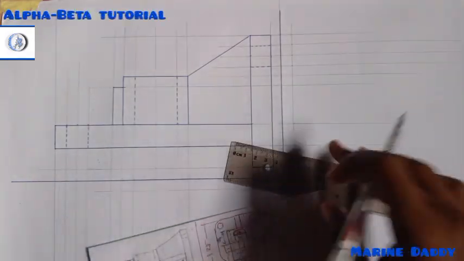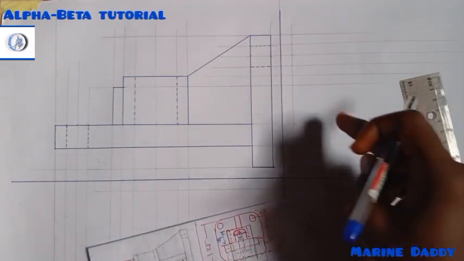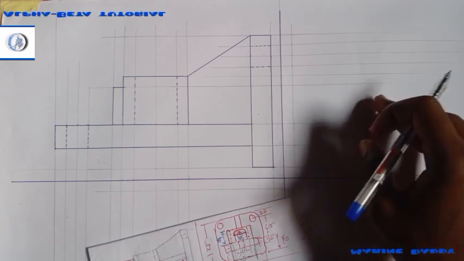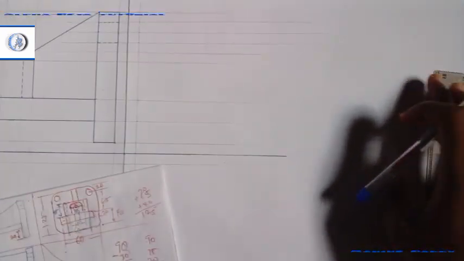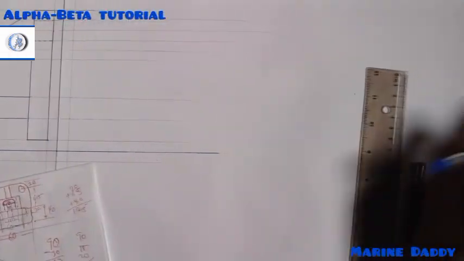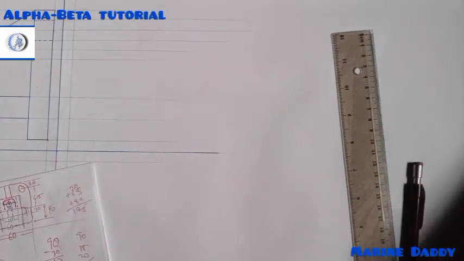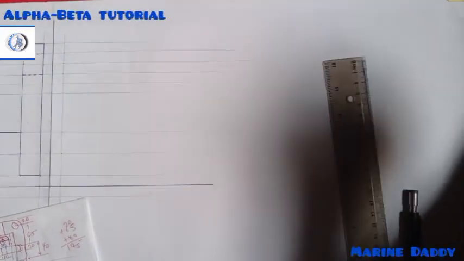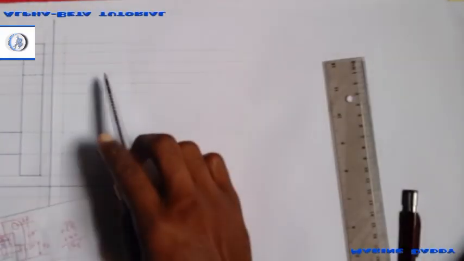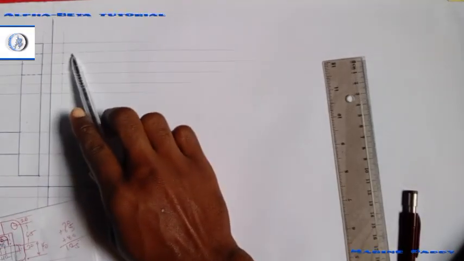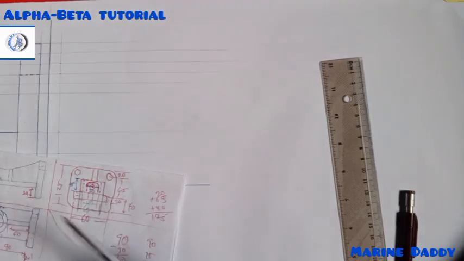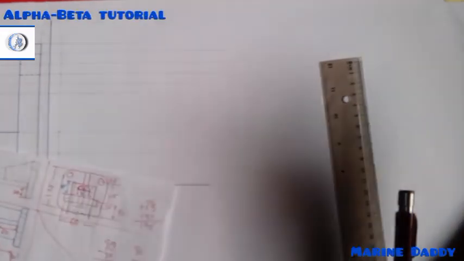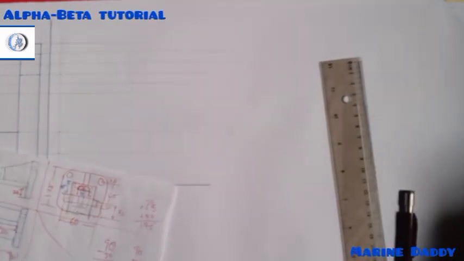So I can go to my side view. Now coming over to my side view, I'm having 125. According to what we're having here, 125 here, 125 here, 125 here, 125 here. So I'll do that.